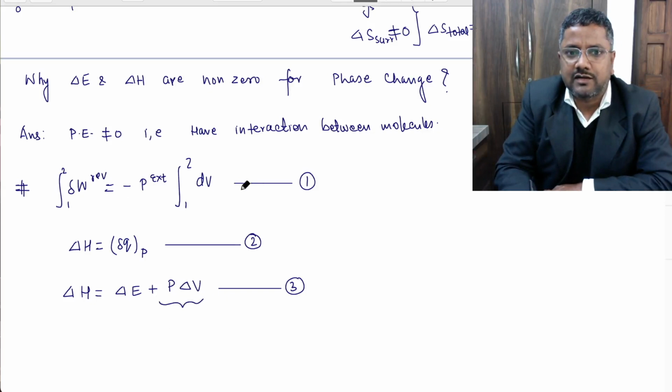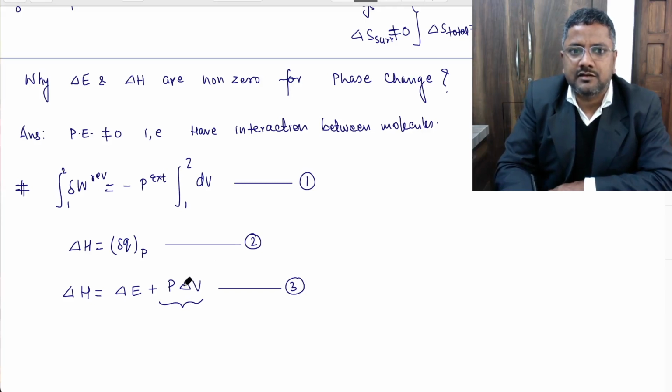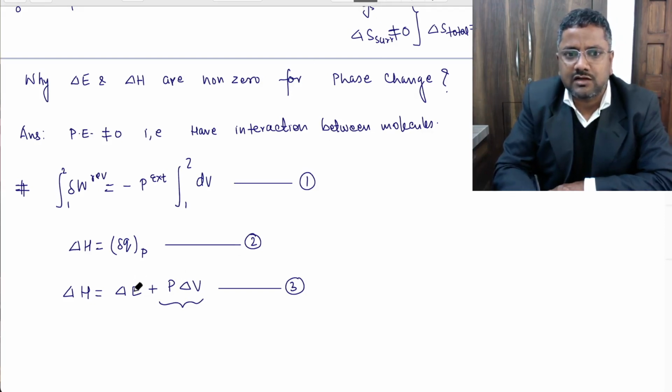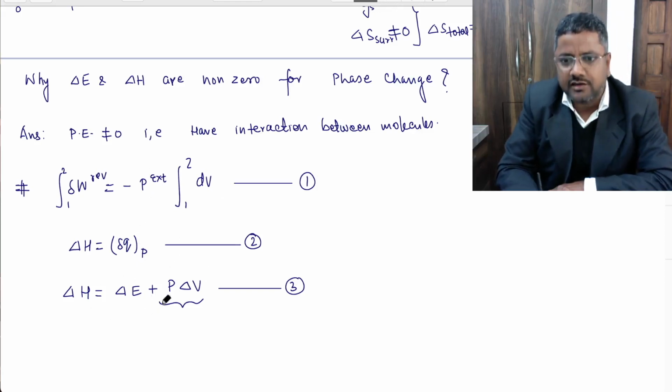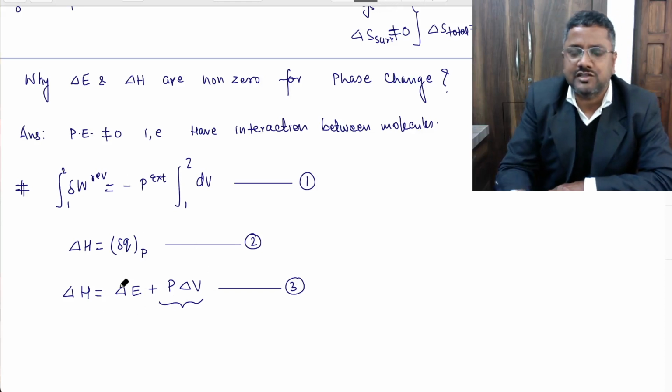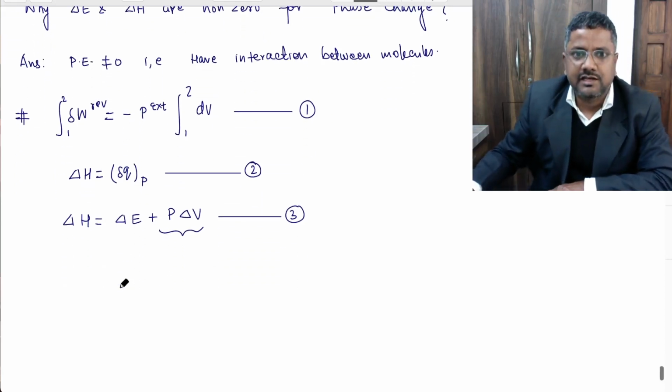You can put the work here and get the value of delta E. So by using these equations, you can very easily calculate the work, heat change, internal energy change, and enthalpy change during phase changes, right?